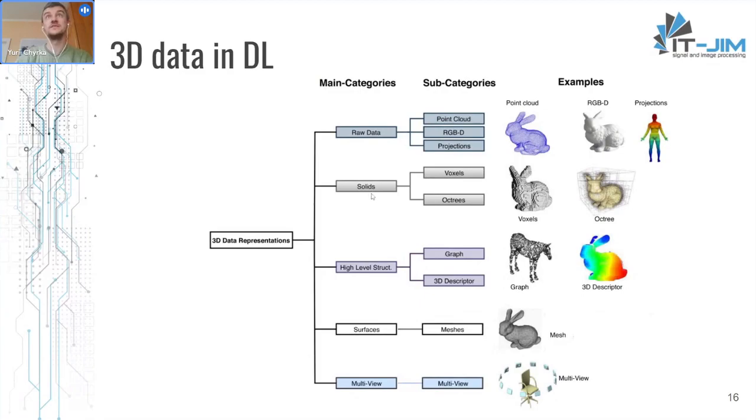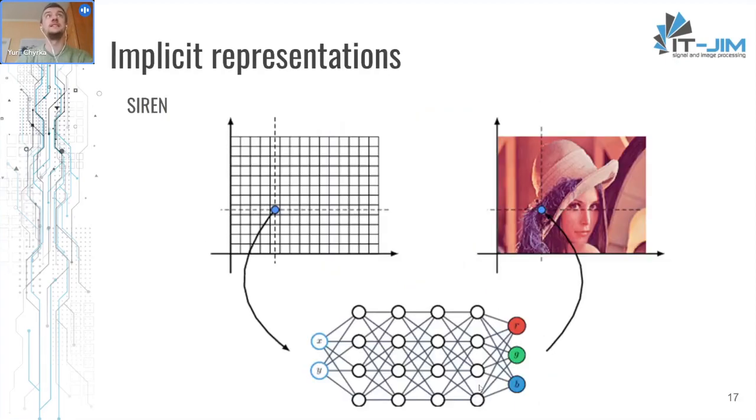Solid representations, those are volumetric data, voxels, and octrees. High-level structured data, those are graphs and three-dimensional descriptors. Surfaces, as I said, are described by meshes, and multi-view is simply multi-view. Nothing more here. And I promised to say a few words about implicit representations.